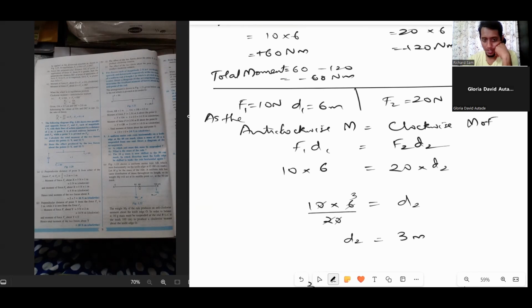I'm writing a statement here. As the seesaw is balanced, therefore anti-clockwise moment is equal to clockwise moment of force.